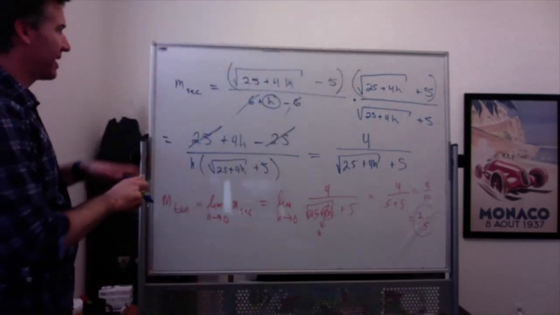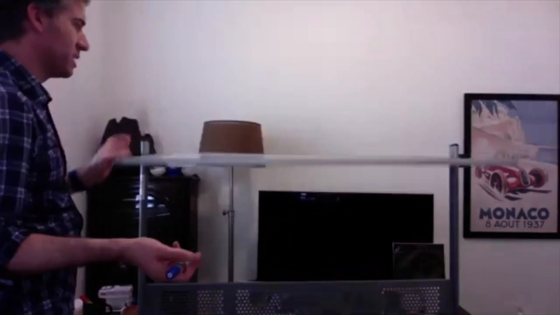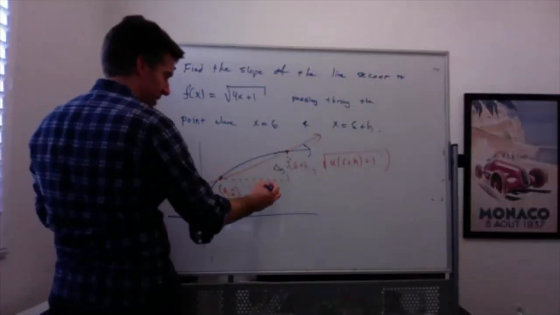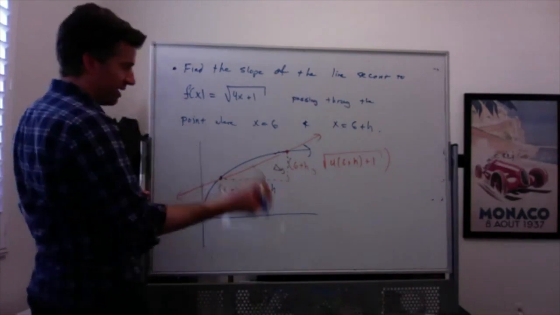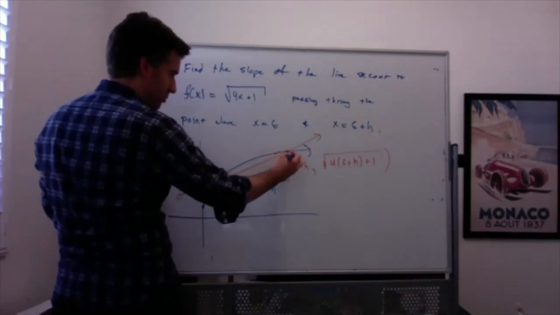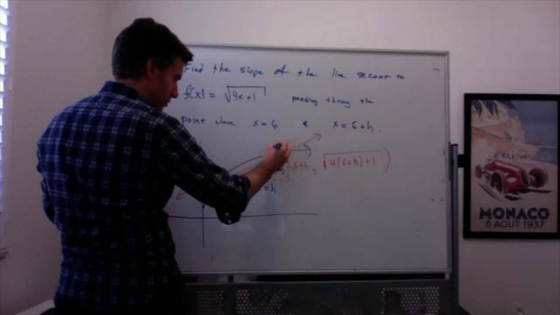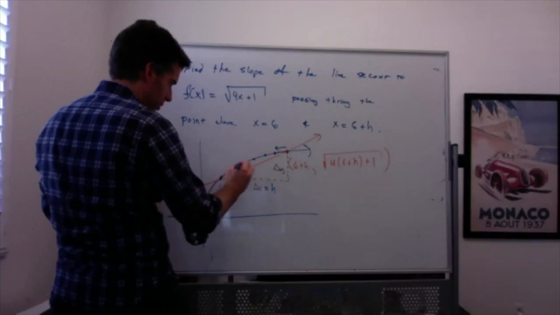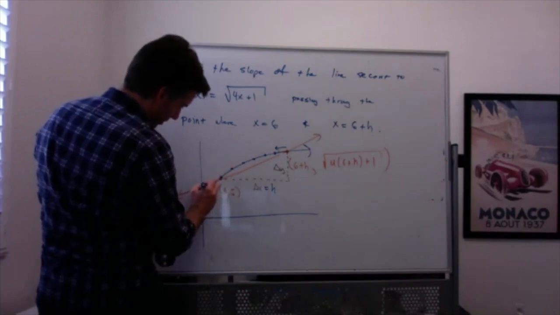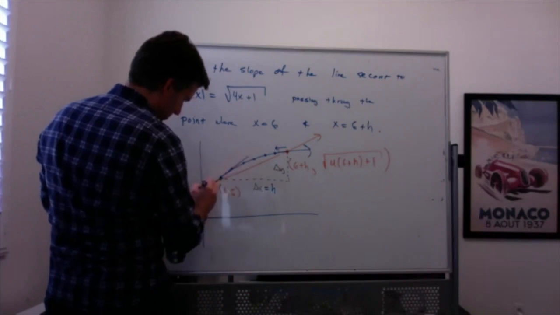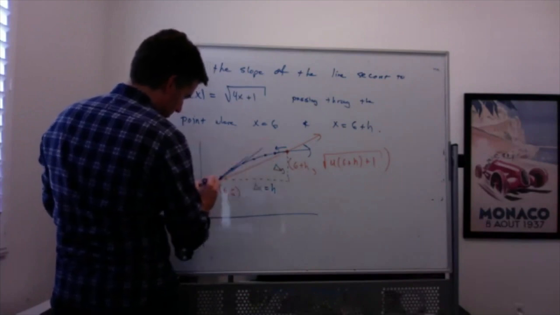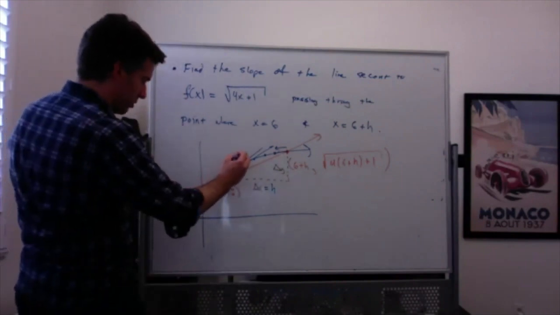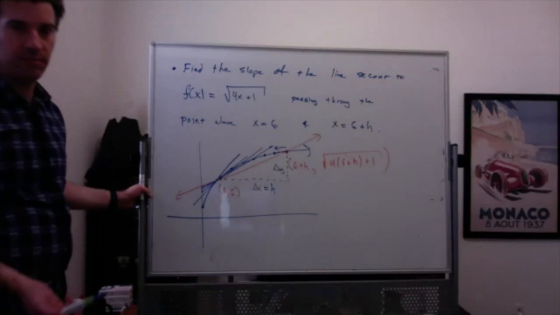And so, again, just to emphasize the meaning here, what's happening is that this length here, which is h, we are letting that get smaller and smaller. So as we move this point this way, you're going to have secant lines that are closer and closer to what the actual tangent line is.